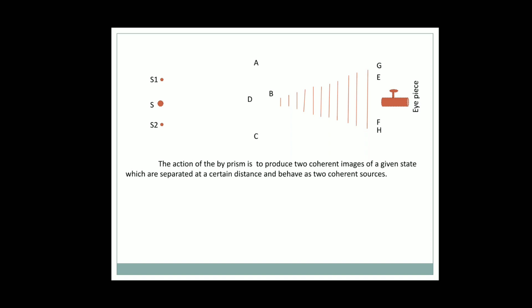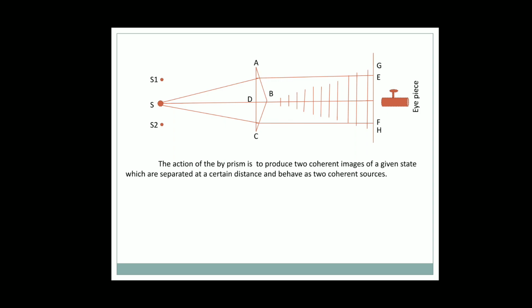The action of the biprism is to produce two coherent images of a given source, where S1 and S2 are two coherent sources separated by a certain distance. A, B, C, D is the Fresnel biprism, and S is the monochromatic source from which the rays are incident on the biprism, deviated and transmitted through it.